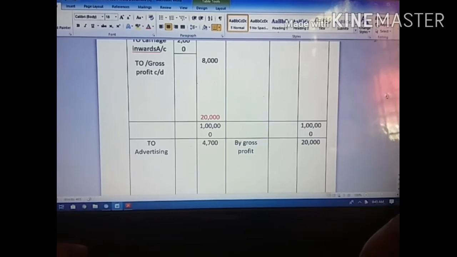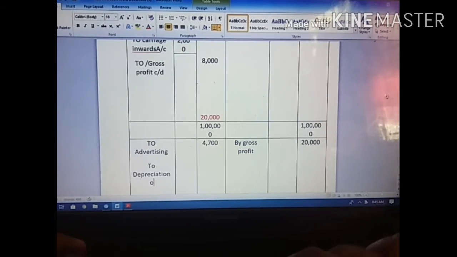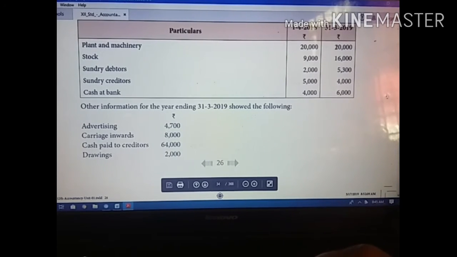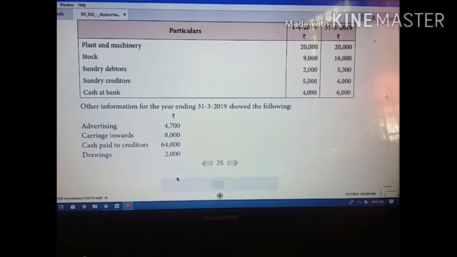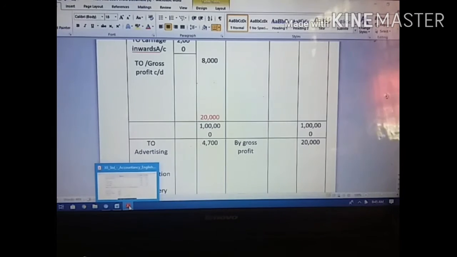Then to depreciation on machinery. For machinery we have two values, the opening value and the closing value. I already told you, whenever you calculate depreciation, you have to take the closing value. So closing value 20,000. So I have to take 20,000 into 5 by 100.